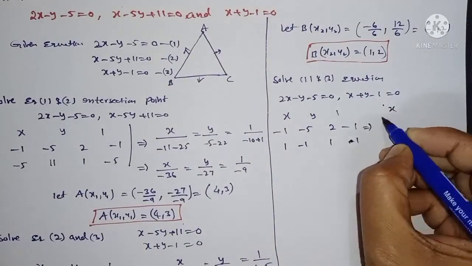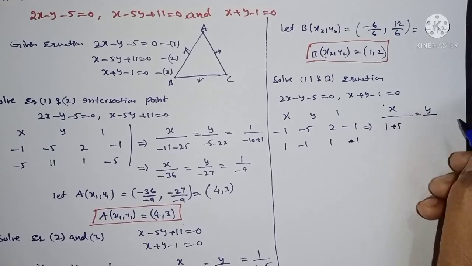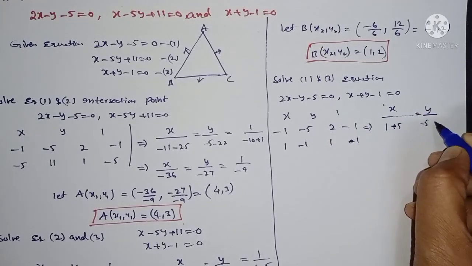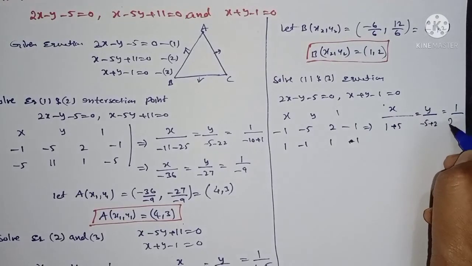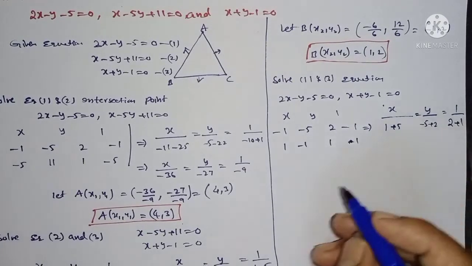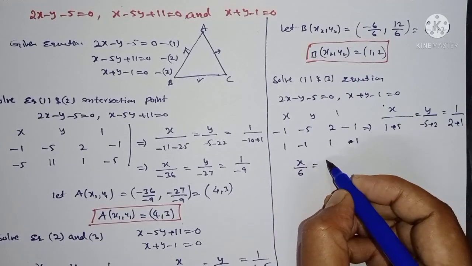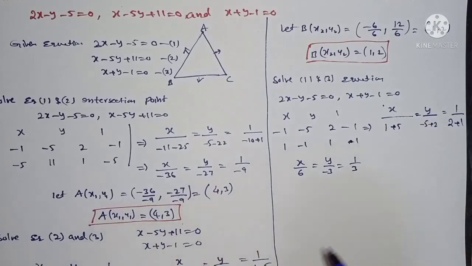Therefore x by 1 plus 5, y by minus 5 plus 2 and 1 by 2 plus 1. x by 6 is equal to y by minus 3 is equal to 1 by 3.